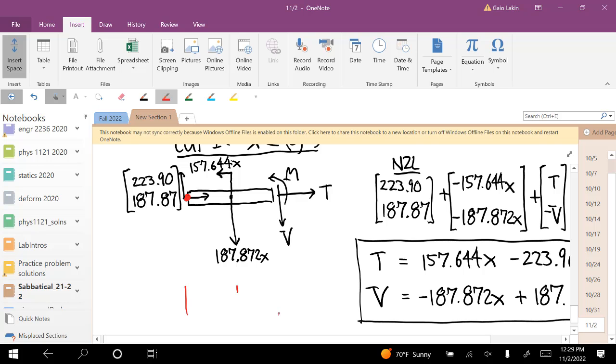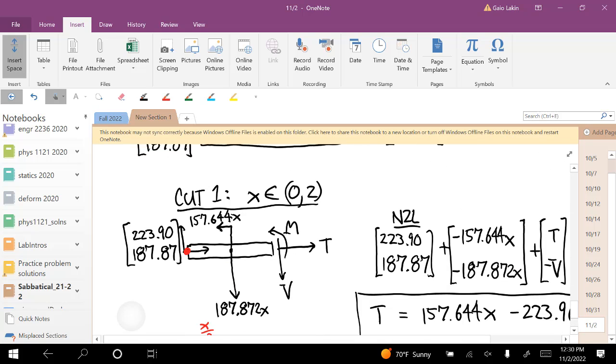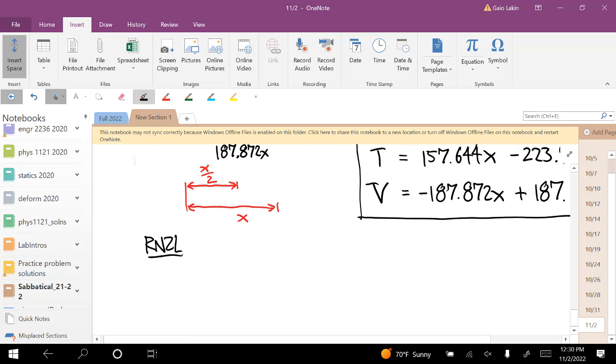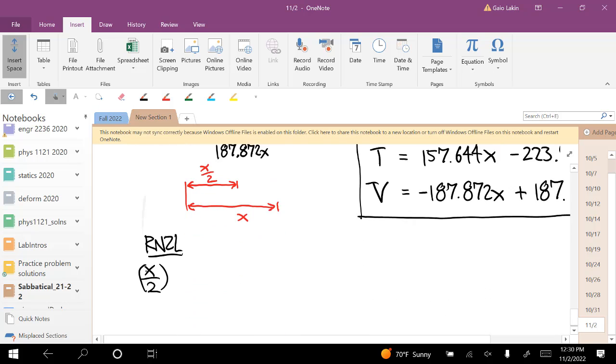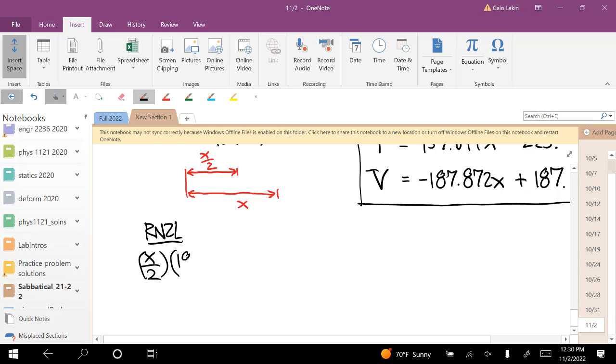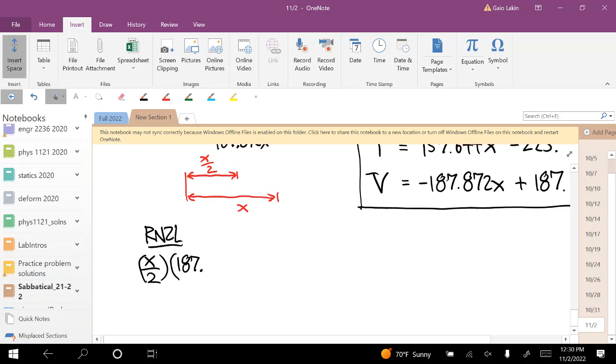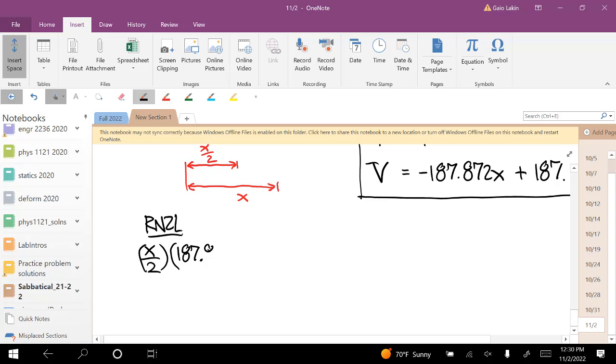Yep, exactly. The whole thing has a length of x. It's a rectangular distributed load, so the centroid is in the middle, so this is x over 2. So x over 2 times 187.872x.